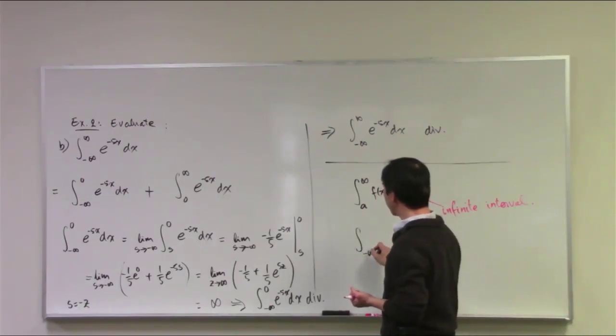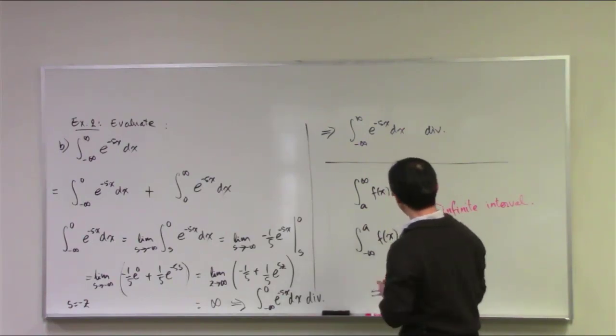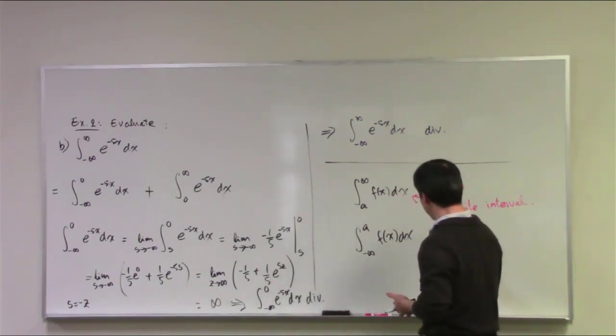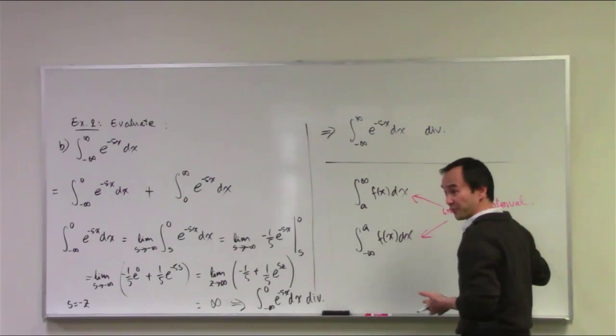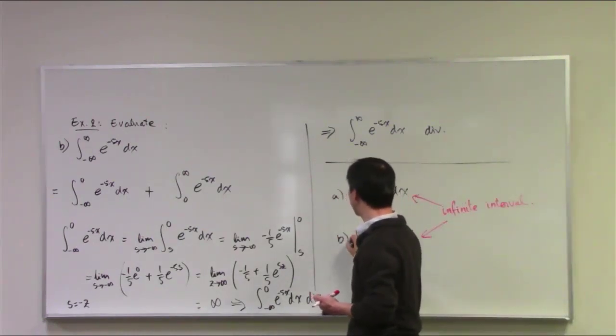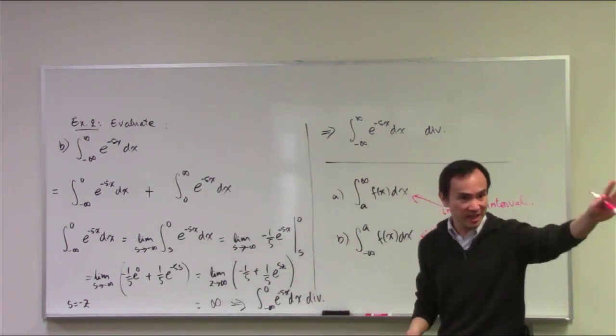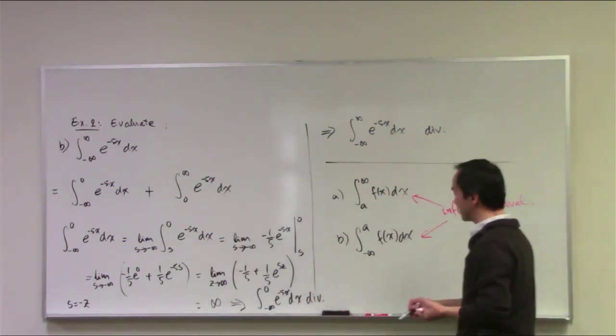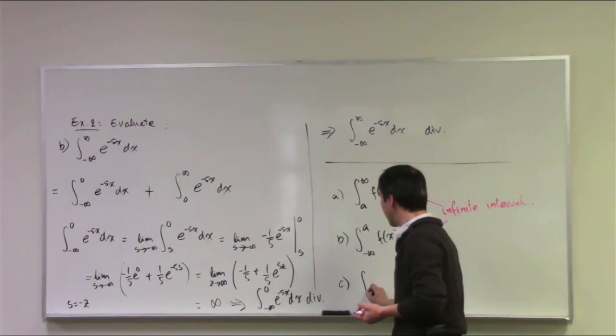From minus infinity to a. It was another infinite interval, and by interval here, I mean the interval of integration. So that was what we've done in part A and part B of the definition. And then just now, part C is still on the board in front of you. We're looking at an integral from minus infinity to positive infinity.